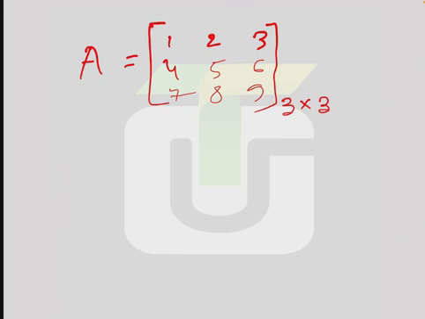Therefore A is a matrix of order 3 by 3, correct? So this is how order of a matrix is written.